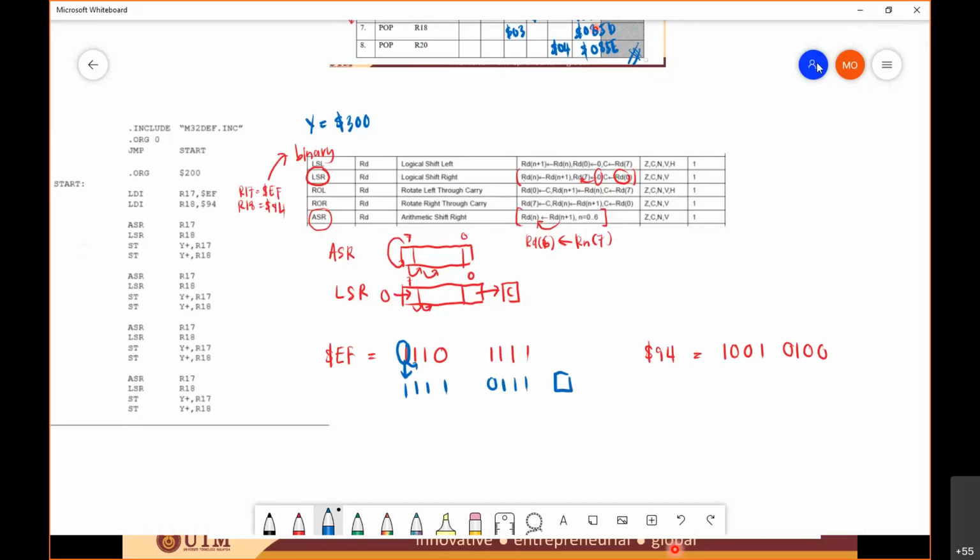And what about this bit? It just goes outside, because for ASR the output bit 0 is not going to your C, so you just leave it like that. And then next, for 94, you do the LSR. So this is your LSR, 0 from outside goes to your bit 7.